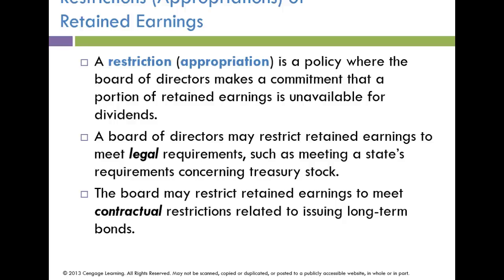Did you guys know that? Did you go over that? If there is a restriction on monies, they cannot be used to pay dividends. Sometimes for purposes, maybe debt, they have restrictions on retained earnings that they're restricted for a certain use.